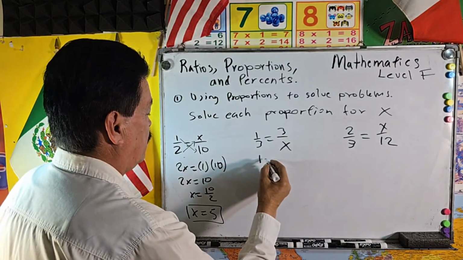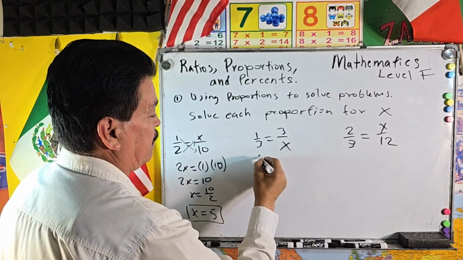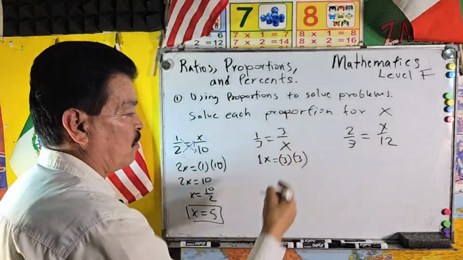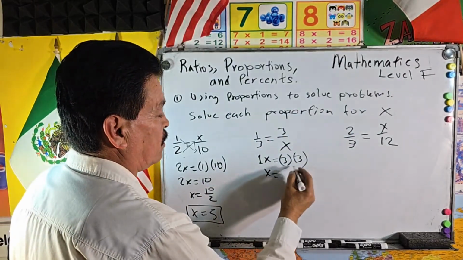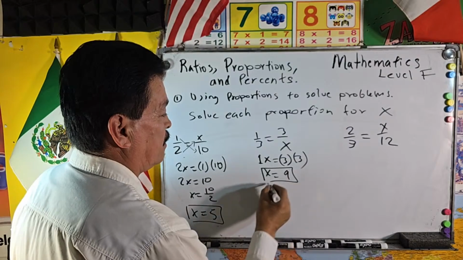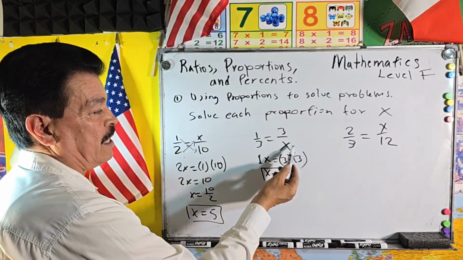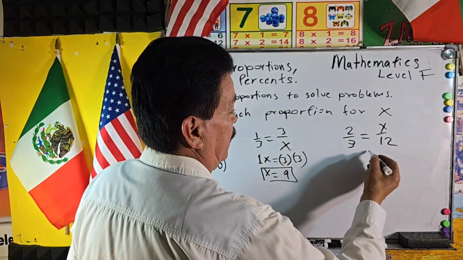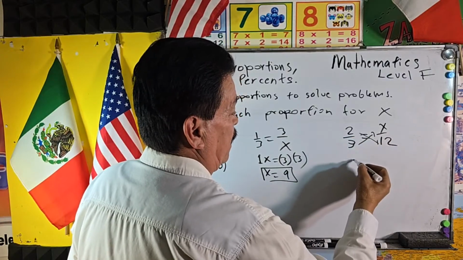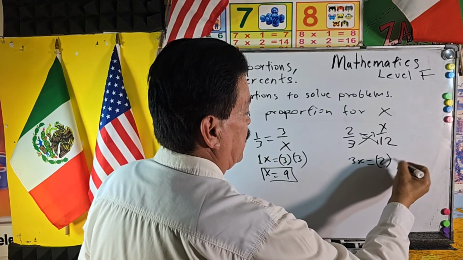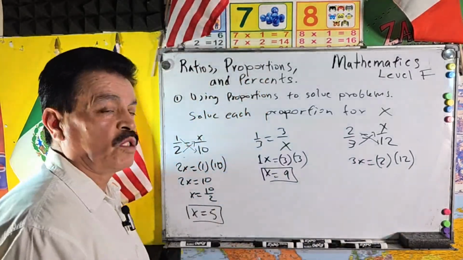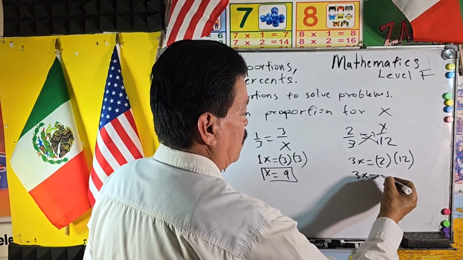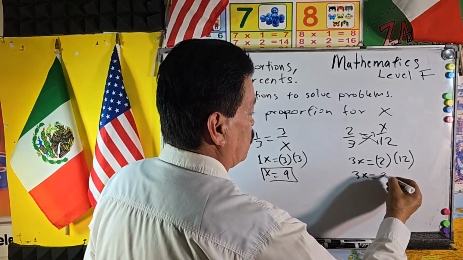Next, 1 times x equals 3 times 3. Cross product. So x equals 3 times 3, which is 9. 1 times 9 is 9, 3 times 3 is 9. The other problem is 3x equals 2 times 12, which is 24.